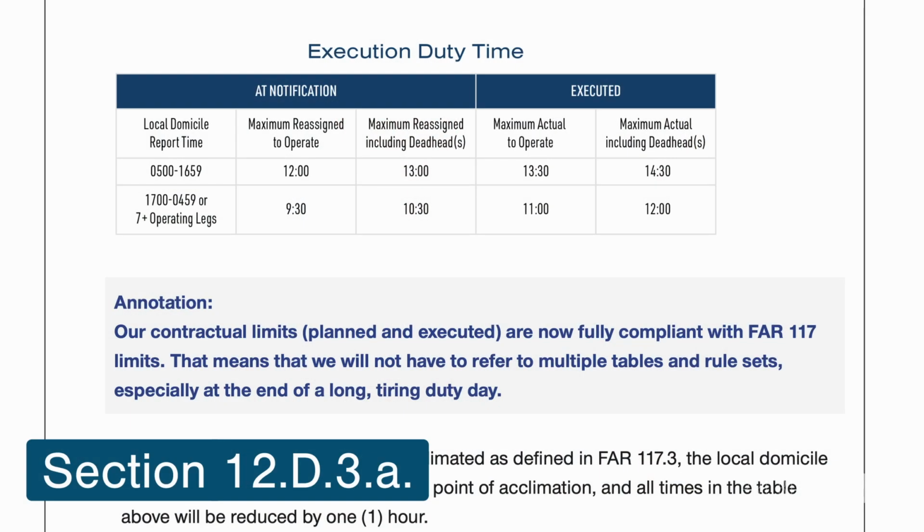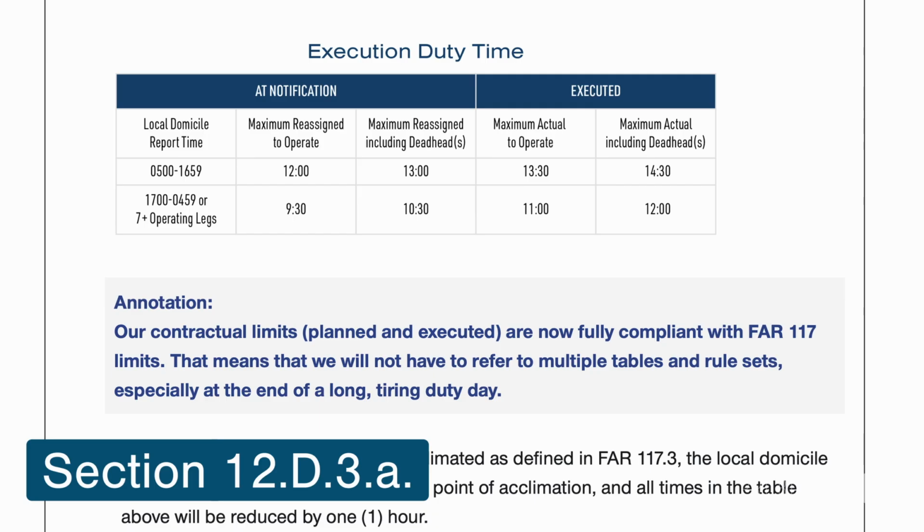When you're reassigned, you should immediately ask yourself, is this legal? Crew scheduling has to comply with FAR 117 duty and block limits, as well as contractual duty and block limits defined in Section 12 Delta.